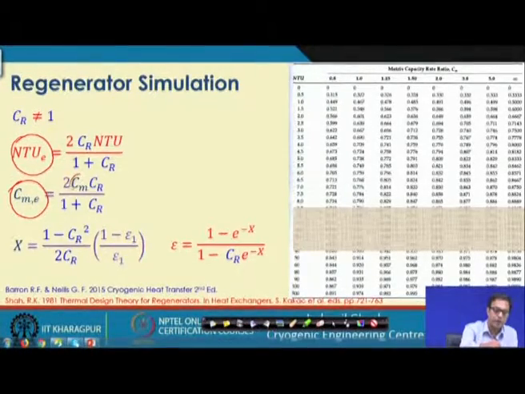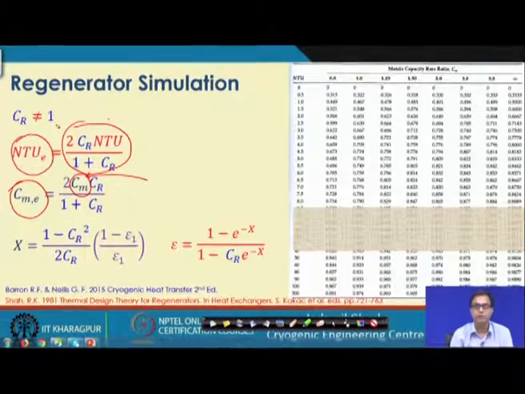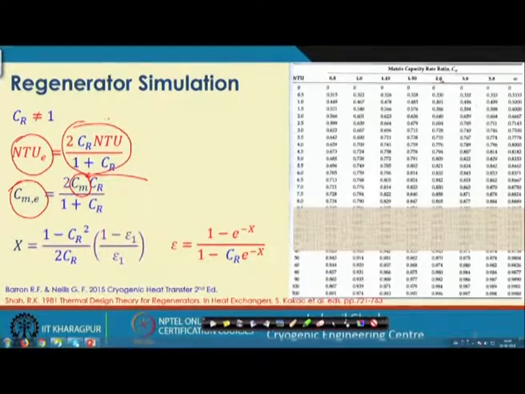As suggested by Arkesha, CM equivalent becomes CME, which is CM multiplied by CR divided by 1 plus CR, and effective NTU is modified by this relation. Now you have the effective NTU and effective CME, and we can again use this chart and get values like 0.865 or 0.85.